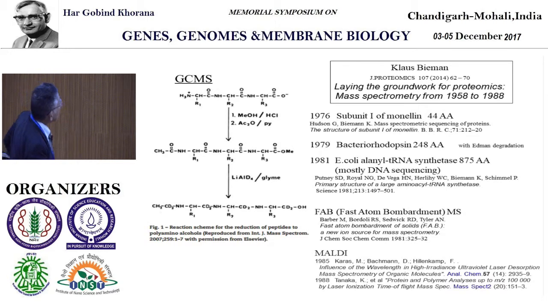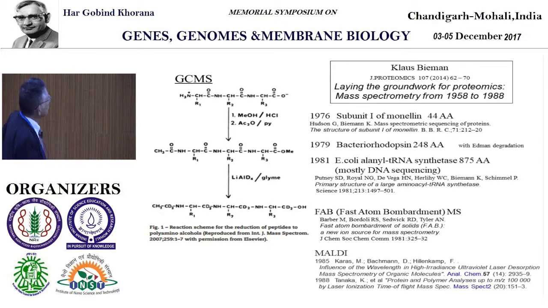The first one was in 1976, a 44 amino acid protein, monellin. And the second happens to be bacteriorhodopsin, 248 amino acids. If you look at Klaus Biemann's reviews, there are several, and he always mentions and thanks Gobin Khorana for providing bacteriorhodopsin.